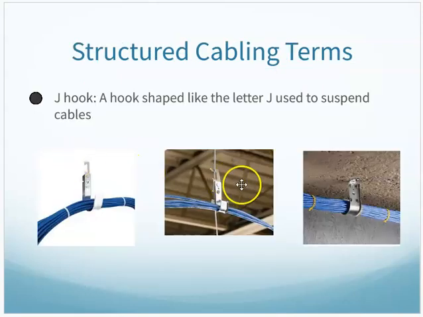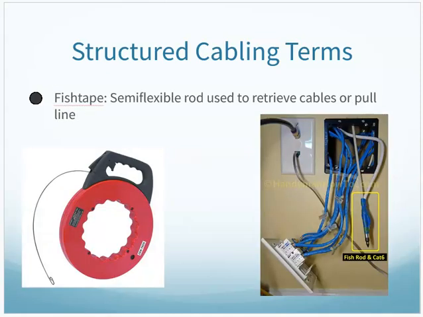And that could get anchored in a bunch of different ways: clamp onto grid work, clamp onto wire cabling that's supporting a ceiling, anchor into a wall, anchor into a concrete ceiling. There's a bunch of different options to do this. So that's used to support a small bundle of cables, 10 or 20 versus 100 or 200.